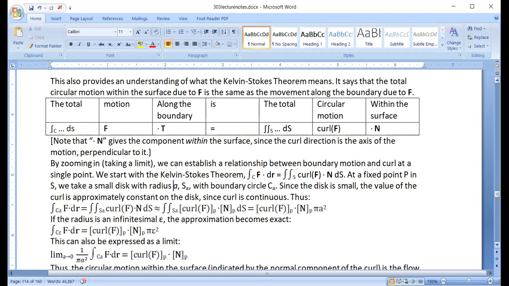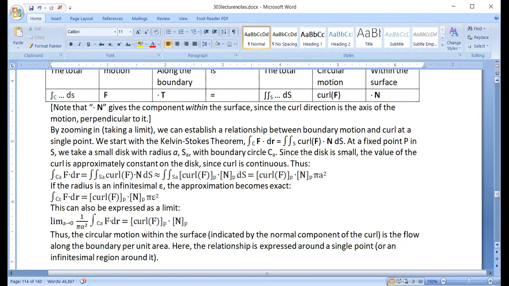So let's put that all in words. The circular motion within the surface, and that's just the normal component of the curl, is the flow along the boundary, which is our line integral, divided by the area, or in other words, per unit area.